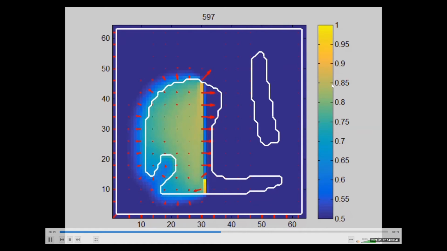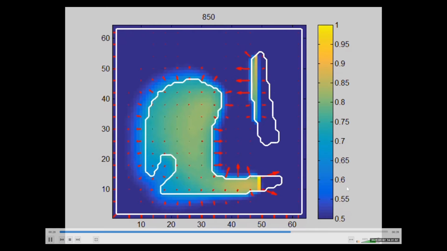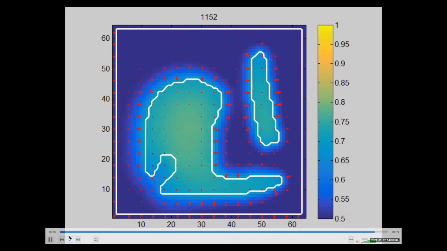In these simulations, the temperature is in arbitrary units. And well, that's it.